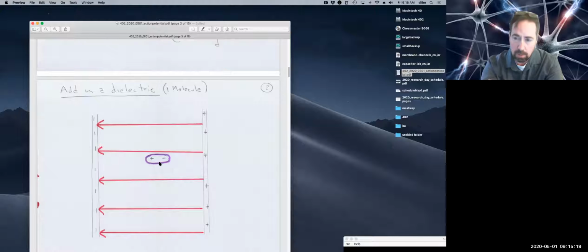So let's say this is a little blob of Teflon, a molecule of Teflon or something like that, and I put it in the space between the plates. There is a large electric field going from positive to negative, and it's going to create a force on the positive charge that wants to get away from these positive charges and towards these negative charges.